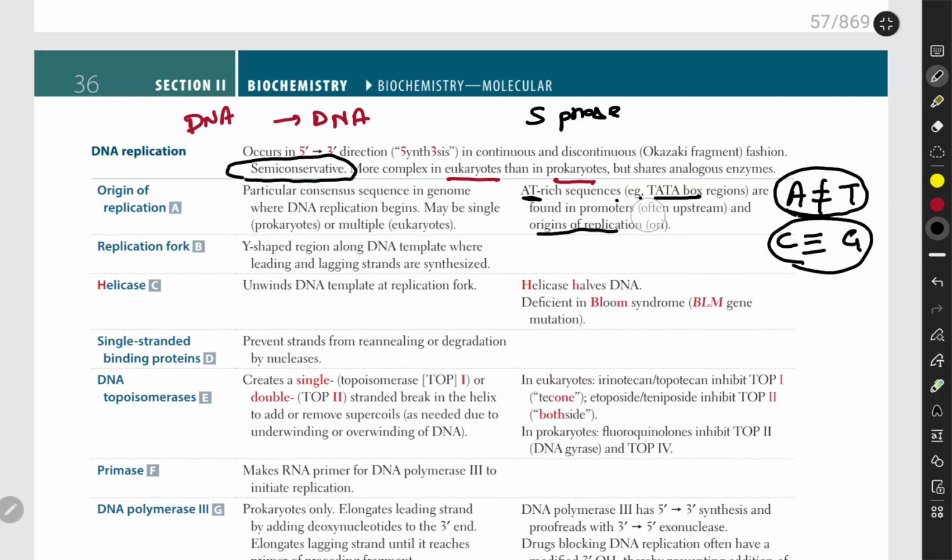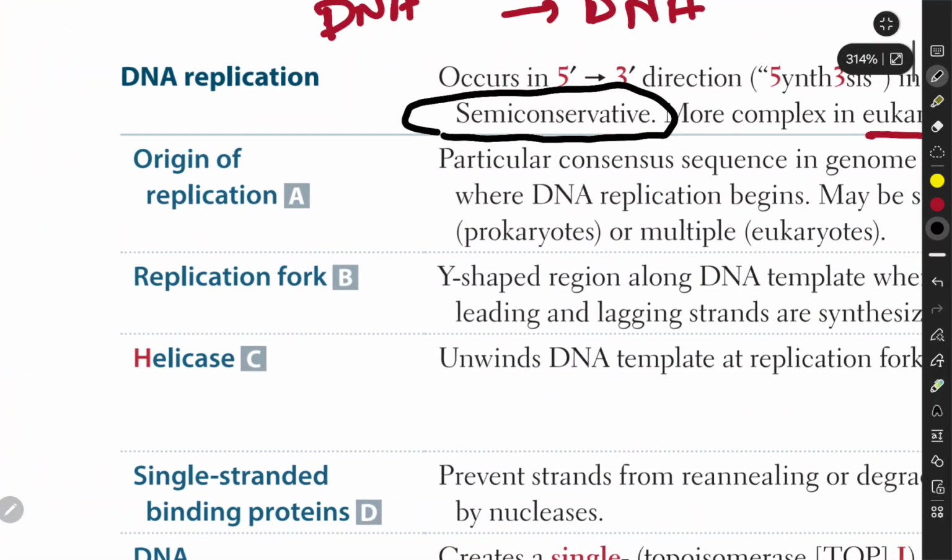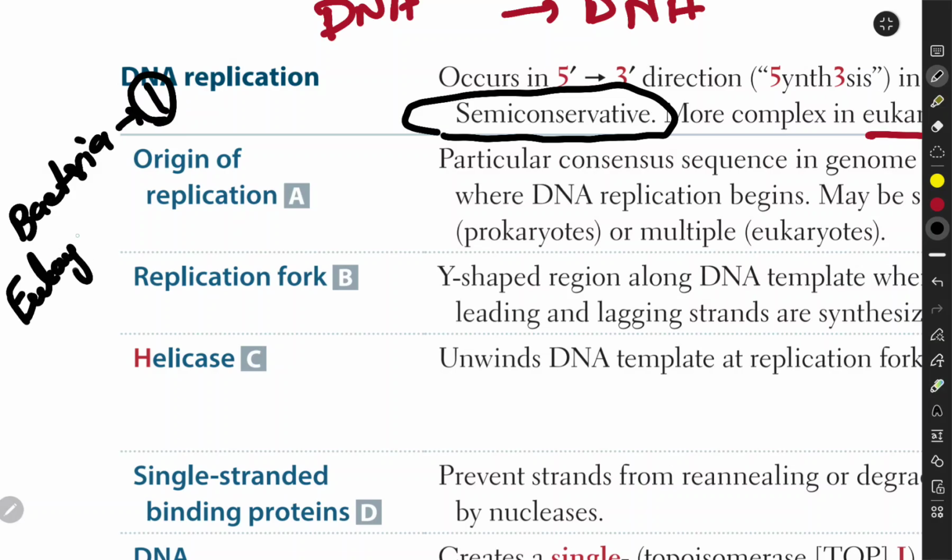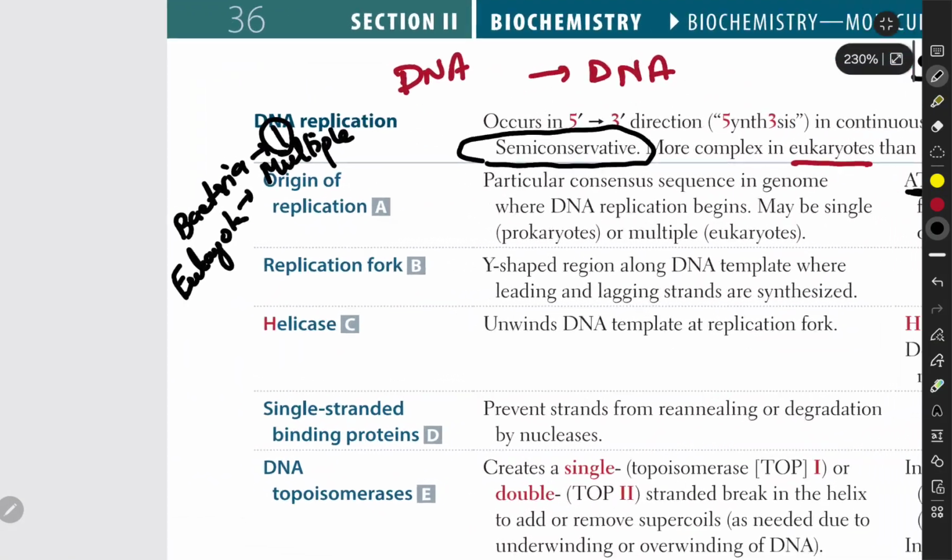Besides that, this is the particular consensus sequence in the genome where DNA replication begins, and it may be single or multiple. In bacteria there is one replication site, which is the TATA box, whereas in eukaryotes there are multiple sites of origin. So this is what you need to remember.